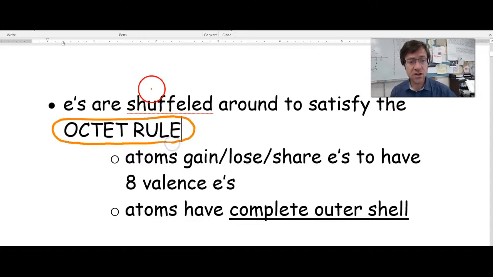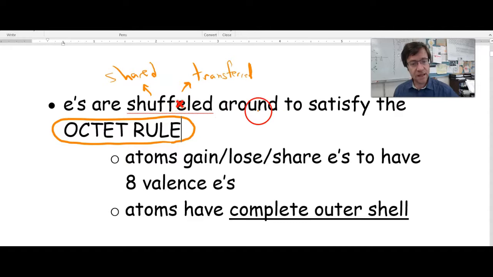So electrons are shuffled, shared or transferred around, and yeah, no judging. They're gonna be shuffled around to satisfy what we call the octet rule. An octet means 8, like ocho, an octagon, right?